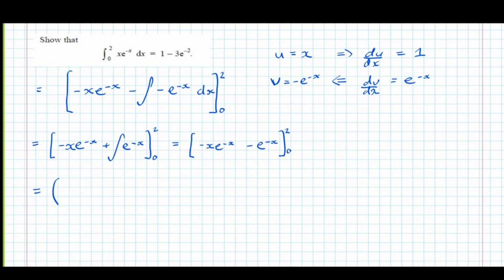So that's what I'm going to do now. So minus 2 e to the minus 2 minus e to the minus 2, sub 2 in, minus 0 e to the 0 minus e to the 0. So there's a mark for that, even if my final answer is wrong.